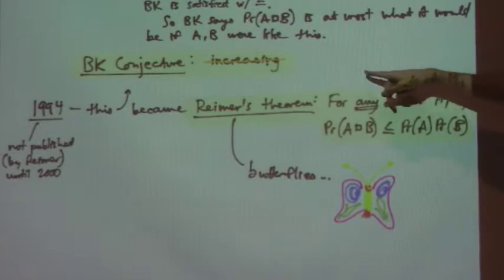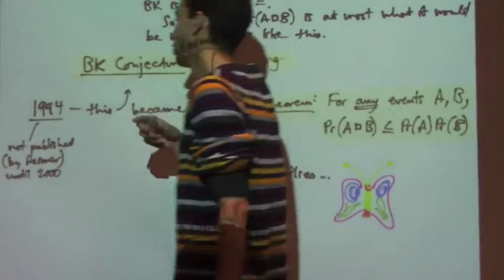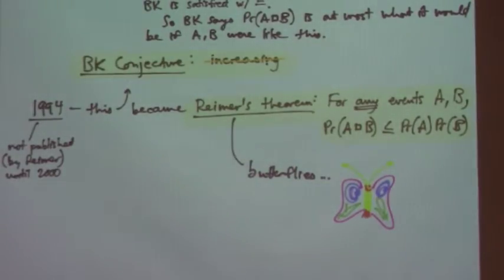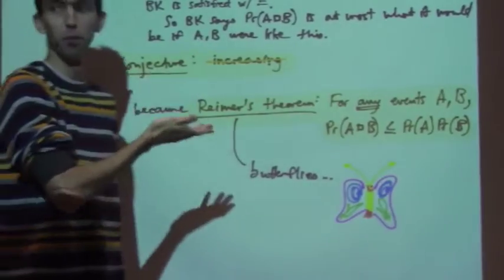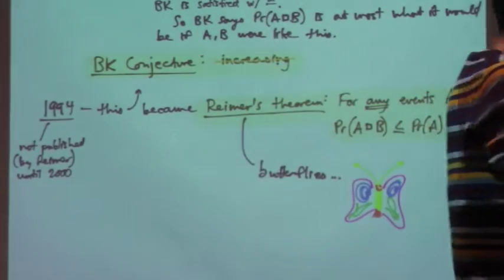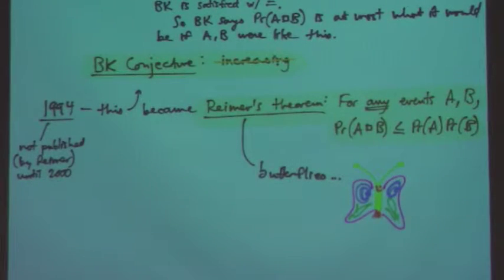As far as I understand, this was a very popular thing to work on for a decade, and a lot of people worked on it, with partial results. It was finally solved in '94 by David Reimer, who, my understanding is, was a grad student here at the time.